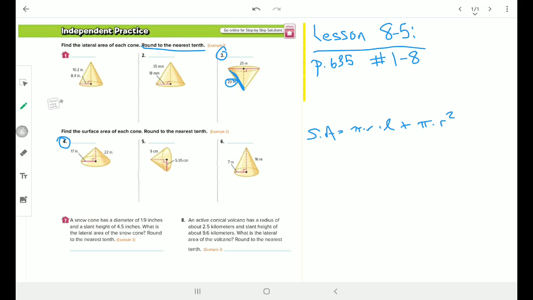So for example, on number 4, we're given a radius of 17, so r equals 17, and my slant height is 22, and I can plug in what I know. So that's going to be 3.14 for pi times the radius of 17 times the slant height of 22. That's my lateral area.